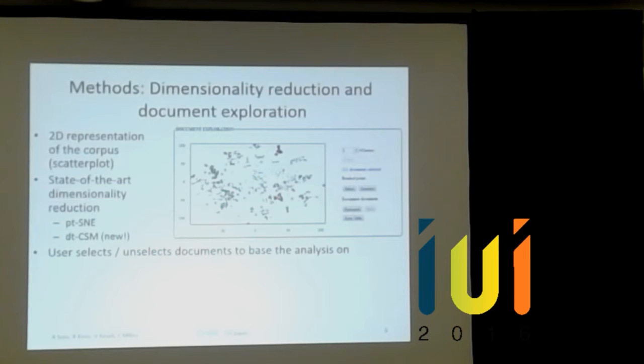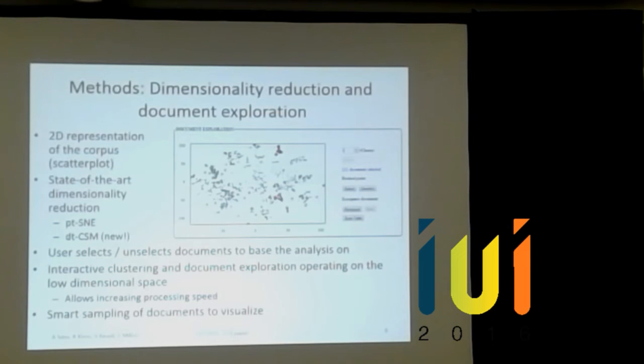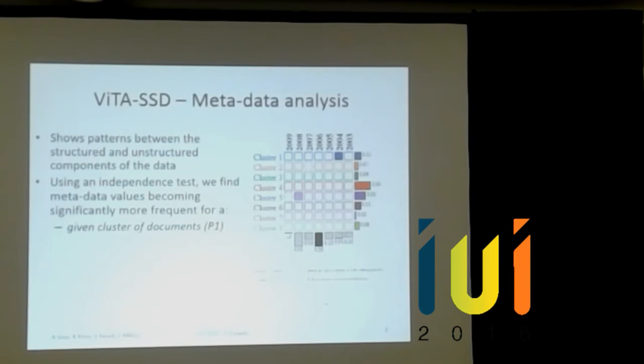The user interacts with the system by selecting or unselecting documents to base the analysis on, and performs interactive clustering and document exploration by operating on the low dimensional space, which allows for fast processing speed. We also have smart sampling of the documents to visualize. This improves, of course, the rendering speed and avoids visual clutter on the display.